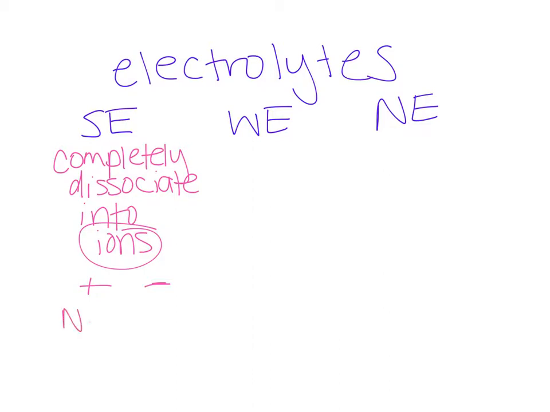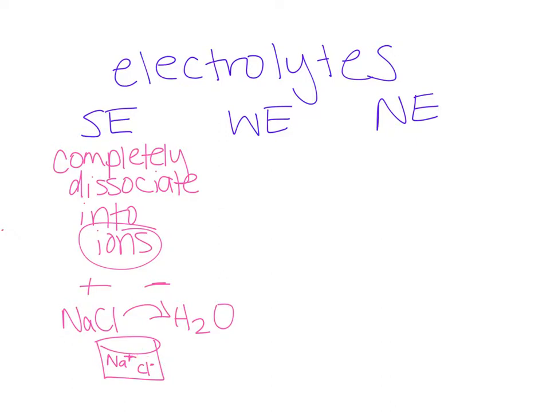If I put some NaCl into some H2O in a beaker, I would be left with Na+ floating around and Cl- floating around, just all over the place. And the fact that they have these charges makes it so that they conduct electricity.